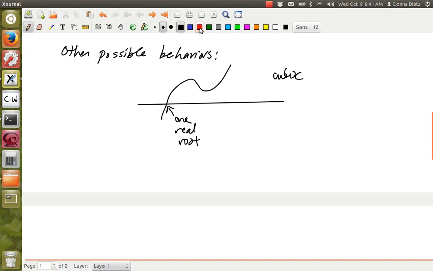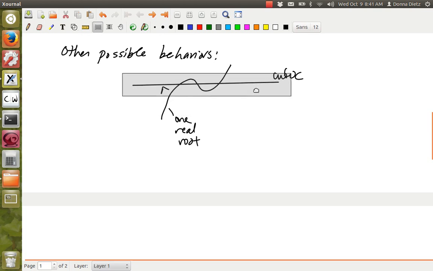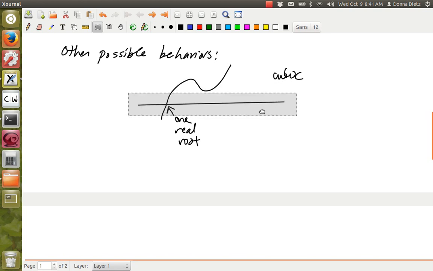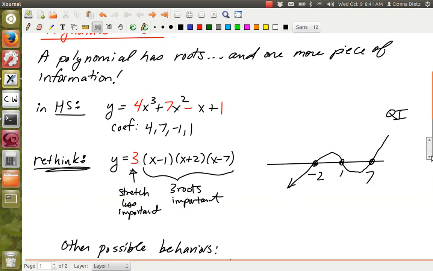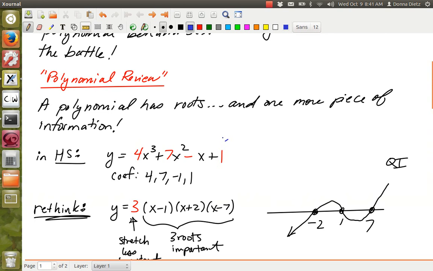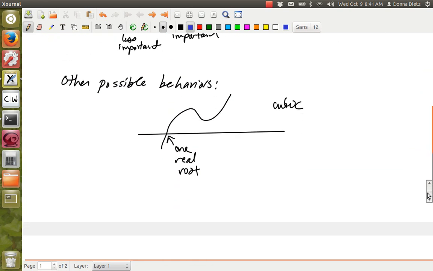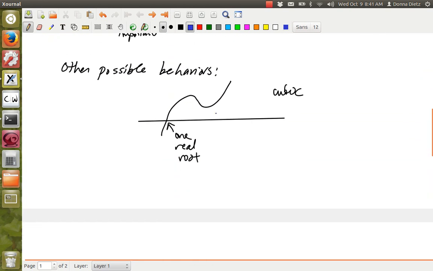I could have moved this around, and so I would have 3 real roots, but just by changing that constant, this little constant on the end, when you tweak it, that changes how many real or imaginary roots you have.